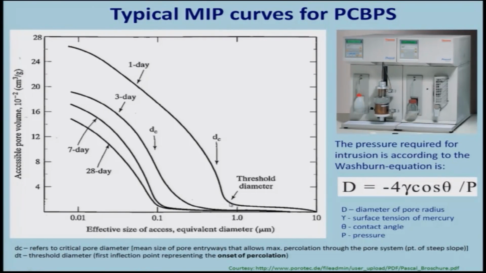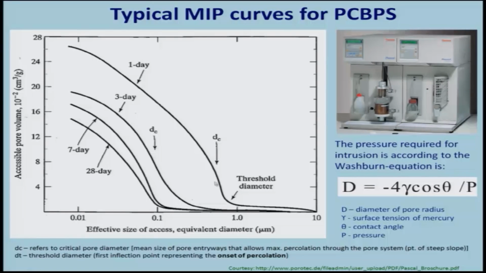It is only after this part that the mercury enters into the paste sample, and this region is also an indication. The starting size of the paste sample pores is somewhere between 0.1 micrometer to approximately 1 micrometer.